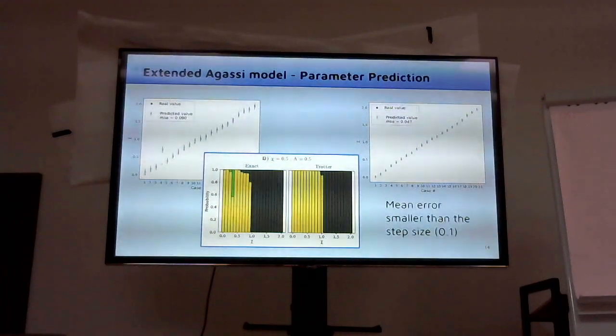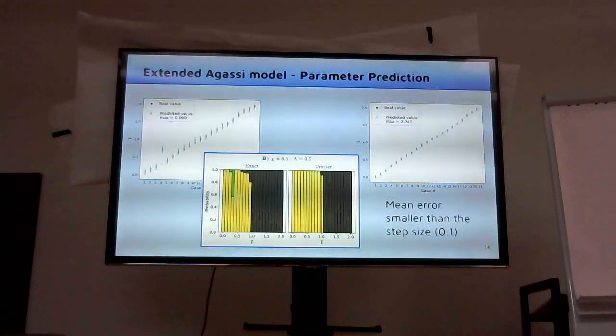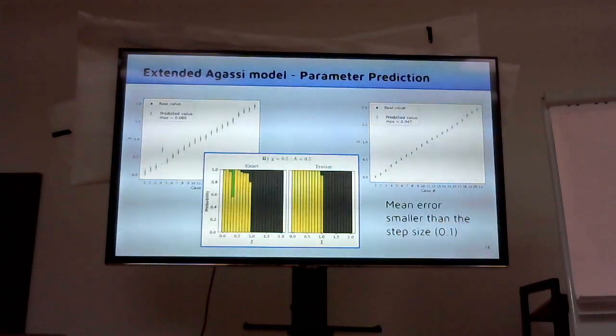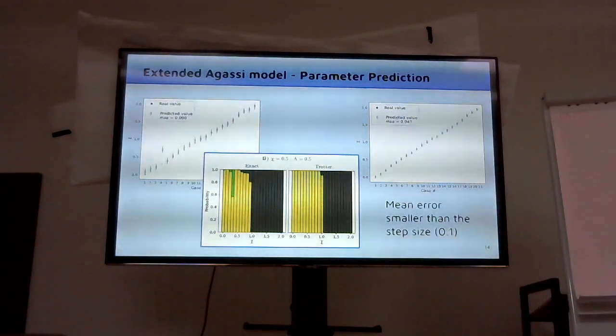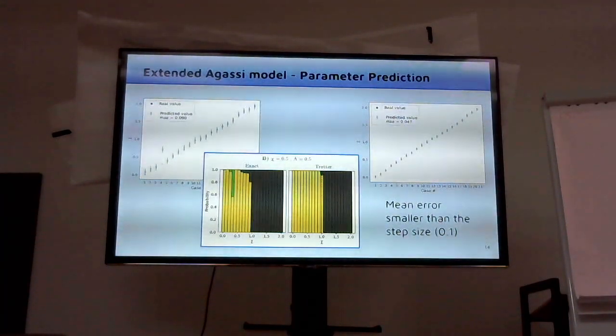So yeah, it not only can classify a qualitative thing like the phase of the system, it can also give you a quantitative value of the parameters that correspond to that specific point.